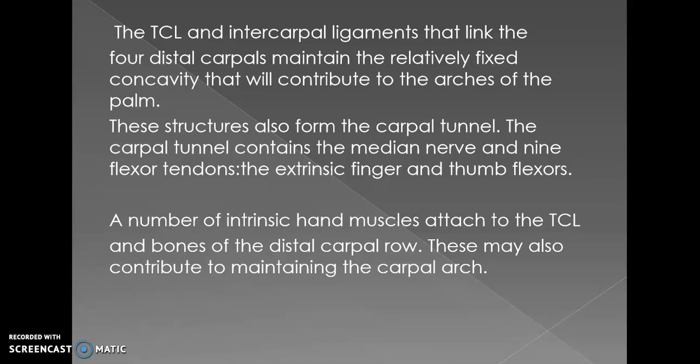A number of intrinsic hand muscles attached to the TCL, that is the transverse carpal ligament, and the bones of the distal carpal row may also contribute to maintaining the carpal arch. The structures passing through the tunnel are the 9 flexor tendons, the extrinsic flexor muscles of the fingers and the thumb.